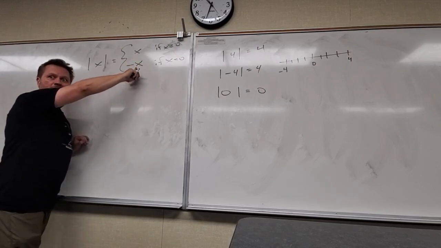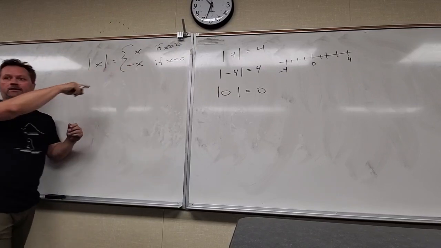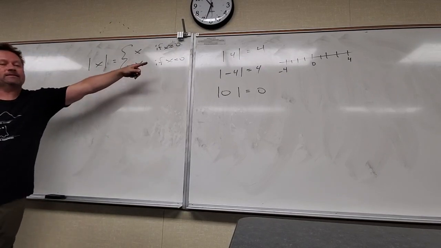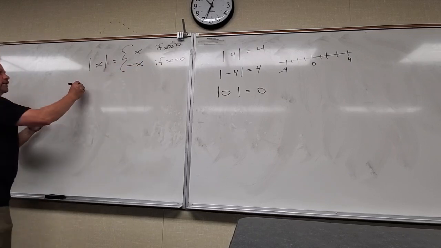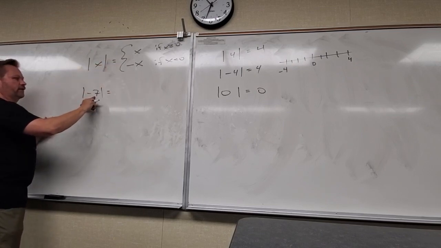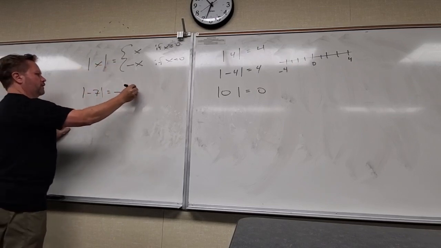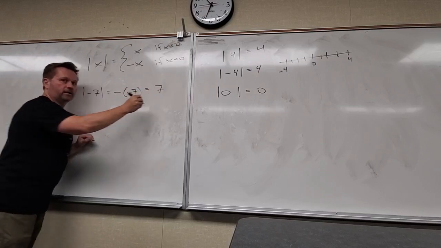Doesn't your brain go, absolute value is supposed to be positive? That is positive. What's x here? Isn't x negative? And what's negative times negative? Positive. So let's try it. Absolute value of negative 7. Let's use the definition. That's a negative number, so it's going to be negative that number. What's negative negative 7? 7. I like it.